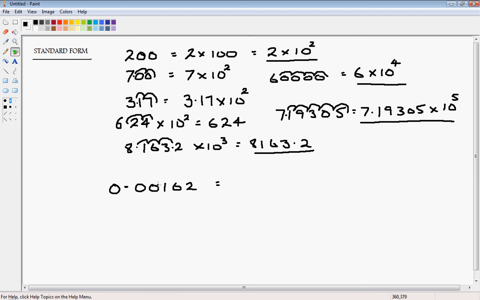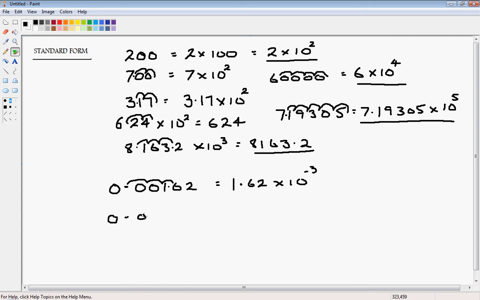So my decimal point is going to have to move from here to between the 1 and the 6. Okay, so it's going to move to there. So my number would be 1.62 multiplied by 10, but this time the decimal point is going back the other way 3 times. So instead of 10 to the 3, it becomes 10 to the minus 3. That's right, we can have negative powers.